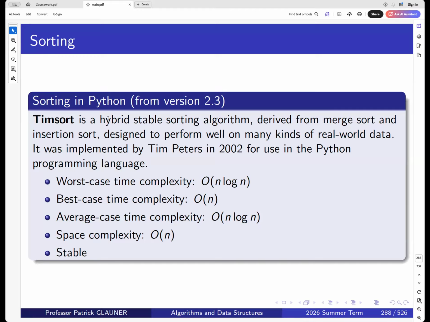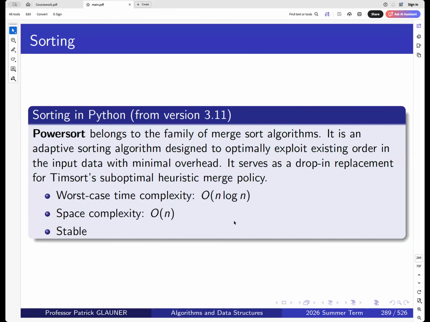So people spend maybe their whole career on just such stuff and then maybe tweak it to use some specific features in the operating system or in the CPU, maybe to, I don't know, sort three integers efficiently. I don't know. So some people spend their whole life on this. And this Tim sort was used for a long time. And then in Python version 3.11, which came out a few years ago, Tim sort was replaced by a power sort.